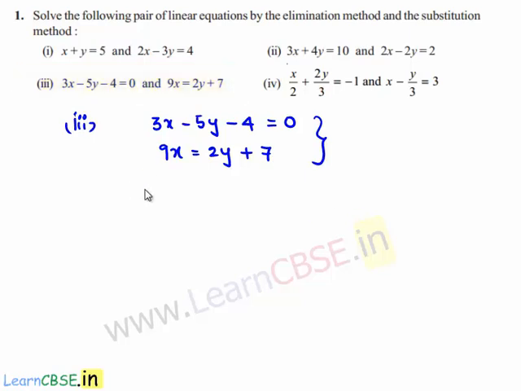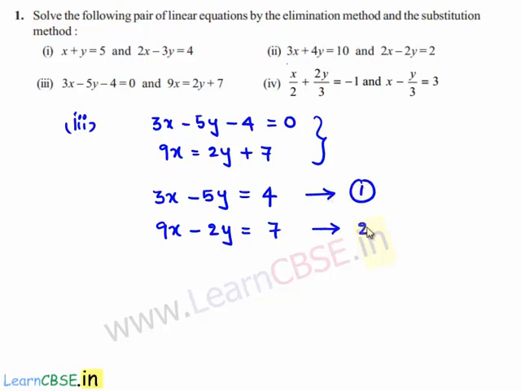After rearrangement the equation becomes 3x minus 5y, and minus 4 is transposed to the right hand side, we'll be getting it as plus 4, and this equation is rearranged as 9x minus 2y is equal to 7. So this is equation number 1 and this is equation number 2. First let us solve the given pair of equations by the elimination method.